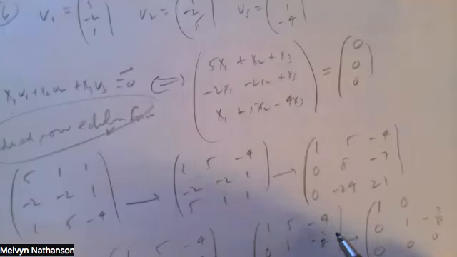35 over 8 minus 4 is 3 over 8. So this matrix is now in reduced row echelon form. So the original system of equations is equivalent to x1 plus 3/8 x3 equals 0, x2 minus 7/8 x3 equals 0.